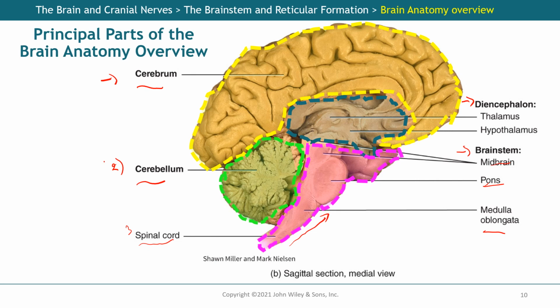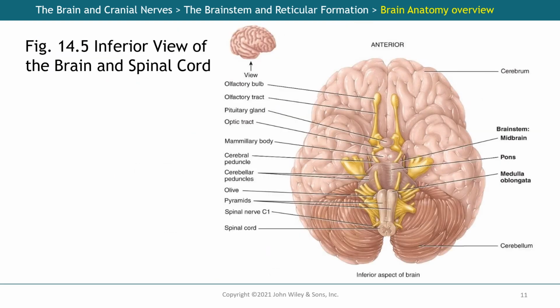But in that one, I'm not going to do the same exercise. I just want to show you that depending on the view, you can see some things, and in other ones, you can see other type of structures. So here you can see a different view of the brain, as it's not a sagittal brain. You cannot see the diencephalon.